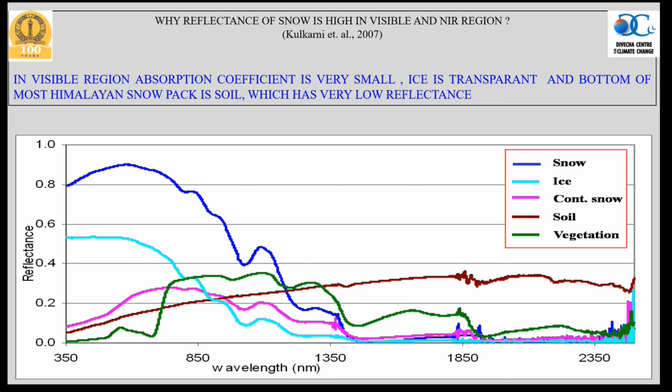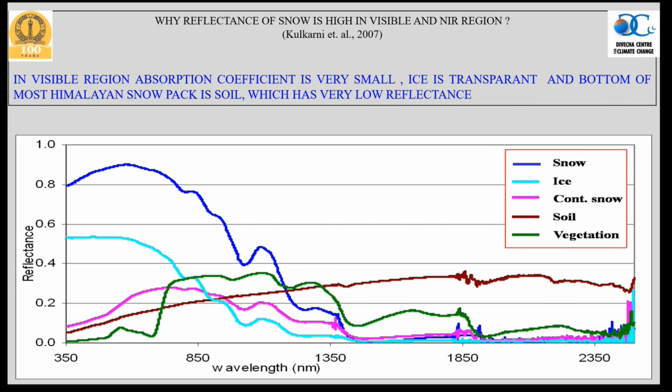But the peak of reflectance you can see is around 550 nanometer. Before that it is slightly less. But overall, the visible part of the spectrum has very high reflectance.